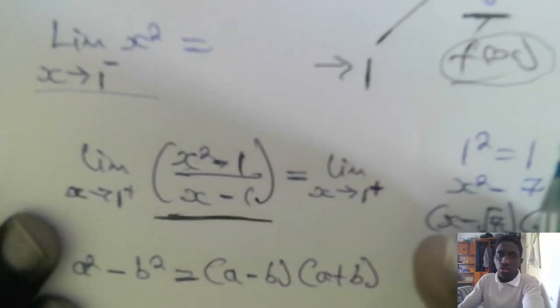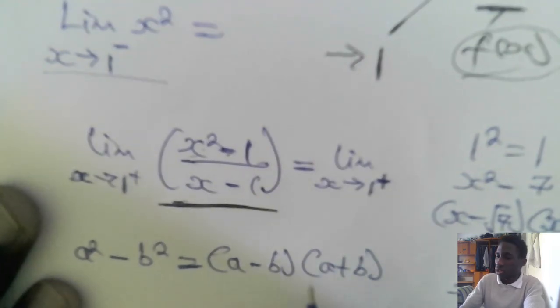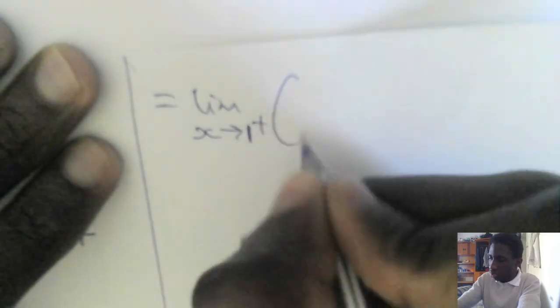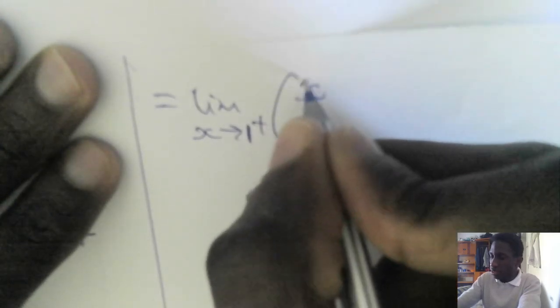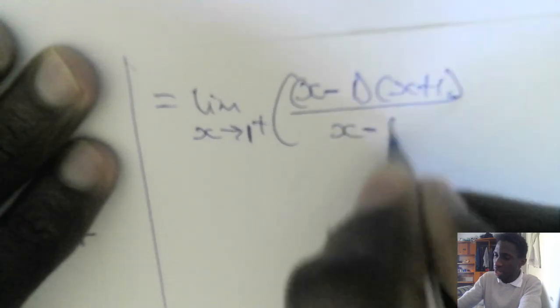So here we don't need a square root because 1 squared is 1. So this can be simplified into the limit as x approaches 1 from the right of x minus 1 times x plus 1, divided by x minus 1.